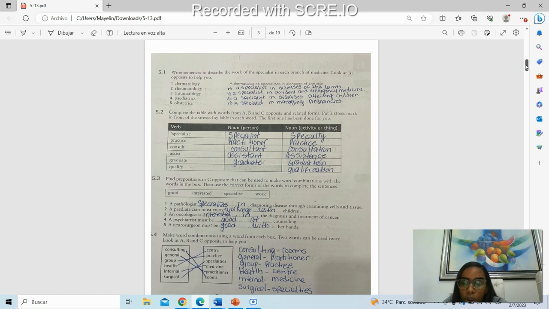5.2. Complete the table with words from A, B, and C opposite and related forms. Put a stress mark in front of the stressed syllable in each word. The first one has been done for you. Verb, noun (person), and noun, adjective, or thing.